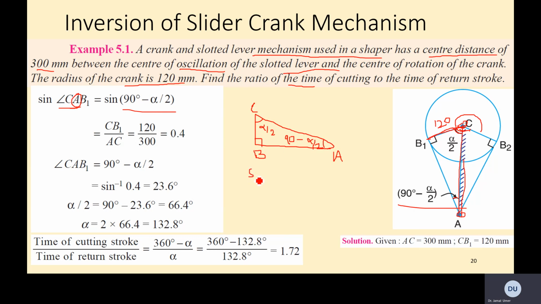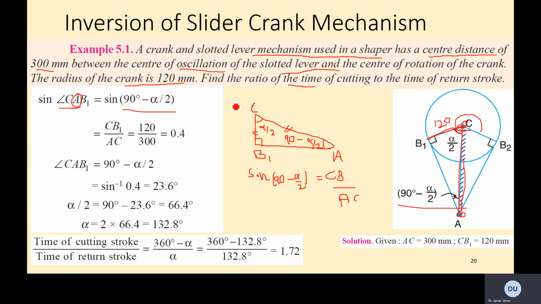So you've got sine of this angle, which is 90 minus alpha by 2, equal to this length, CB1, over this length, AC. Both lengths are given.